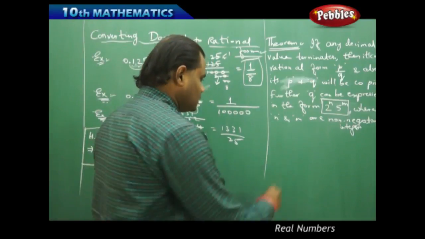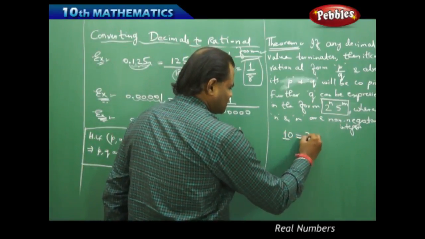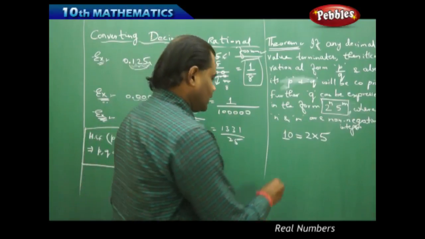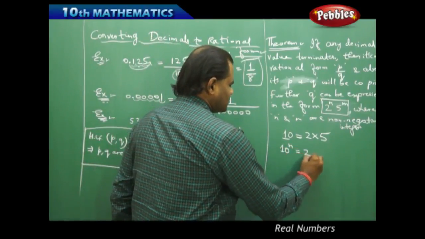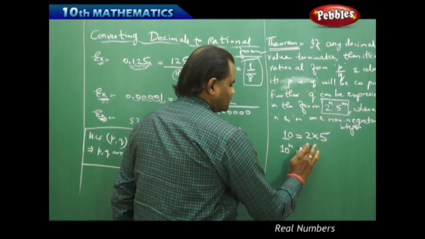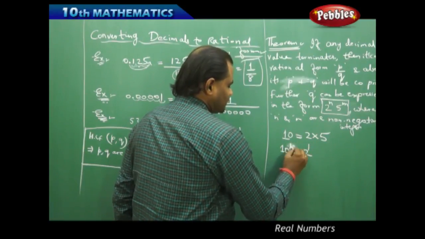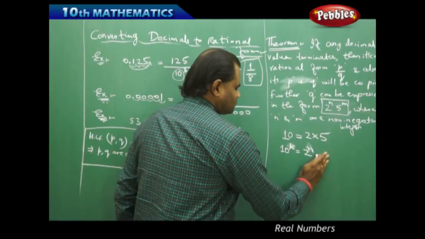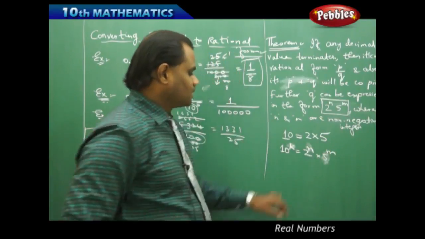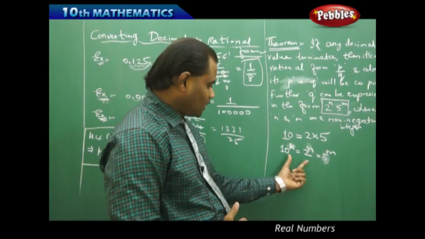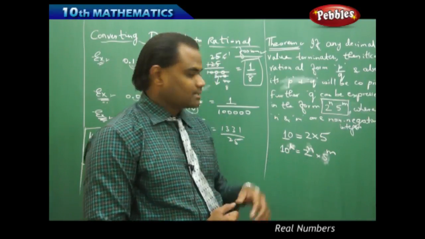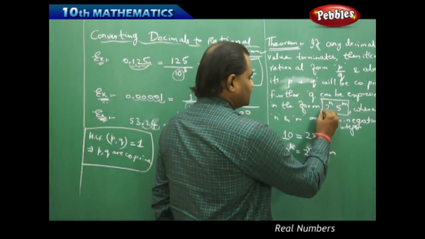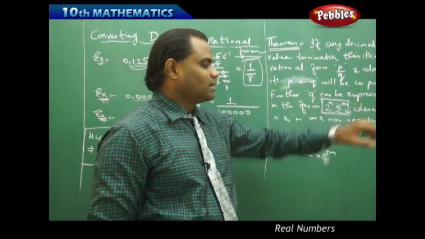So this 10 power clearly makes me understand that since 10 has the prime factors 2 and 5, therefore 10 power k can be written as 2 power n into 5 power m. So as can be clearly seen in case of 10 being with factors 2 and 5, that's the reason I get here Q always being in the form 2 power n and 5 power m.